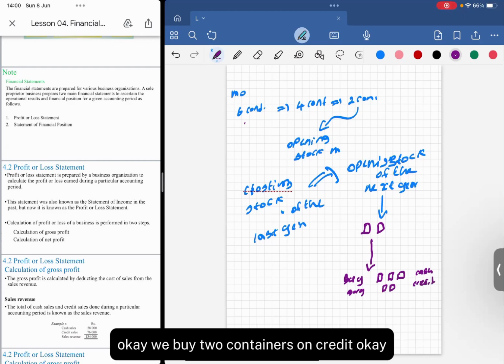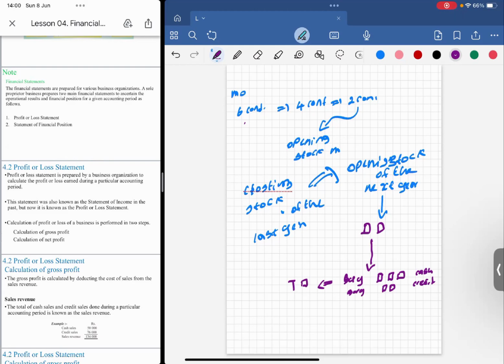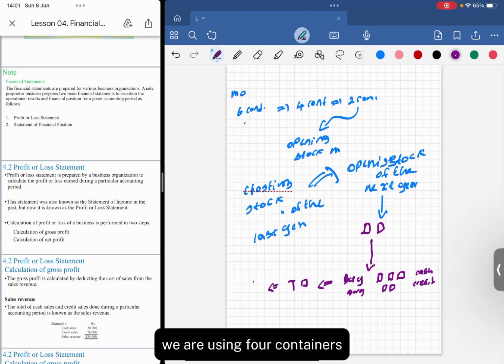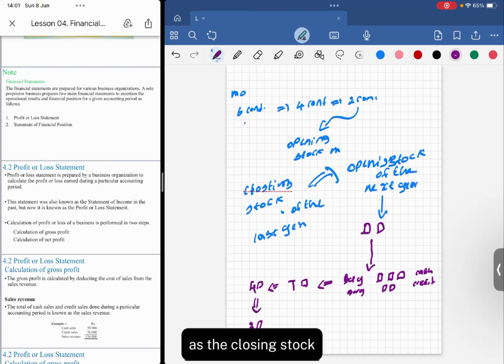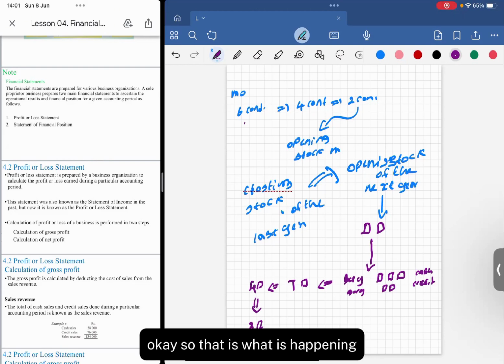So now we have seven containers. Out of these seven containers, let's say we use four, then we are left with three containers as the closing stock.